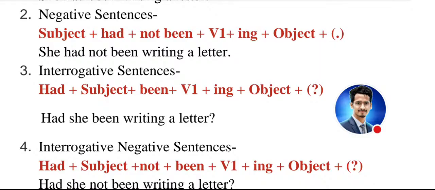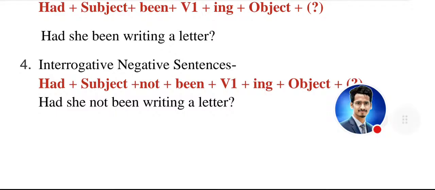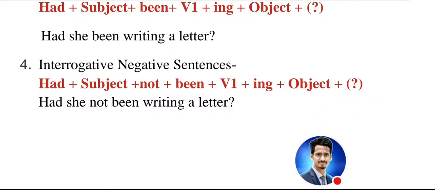Let's go to the next sentence, which is interrogative negative. Had plus subject, and after the subject we use not, as in the previous rules, then been plus V1 ing. Had she not been writing a letter?